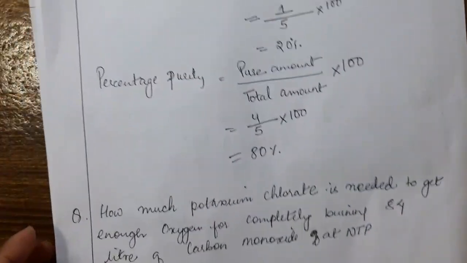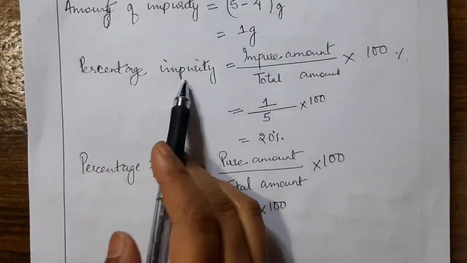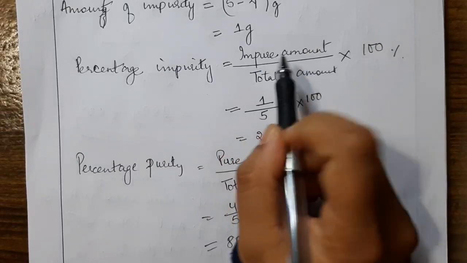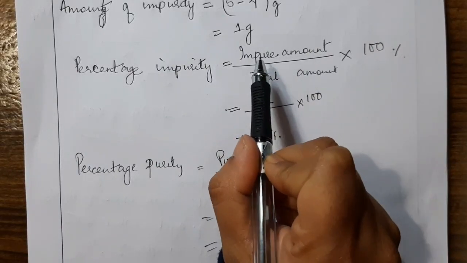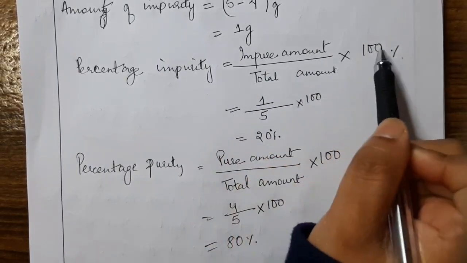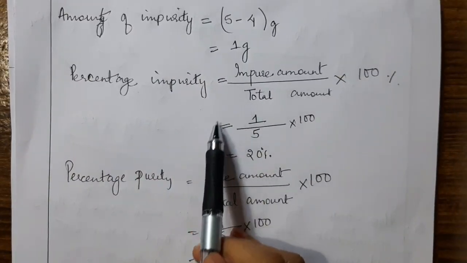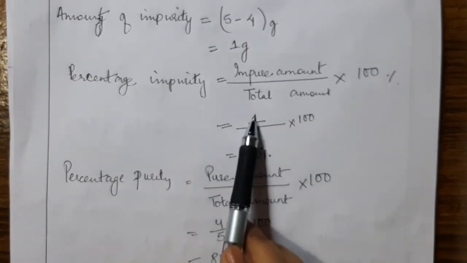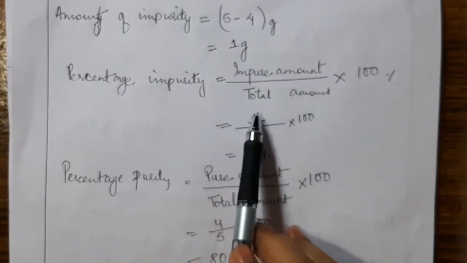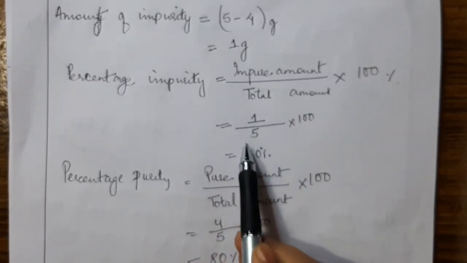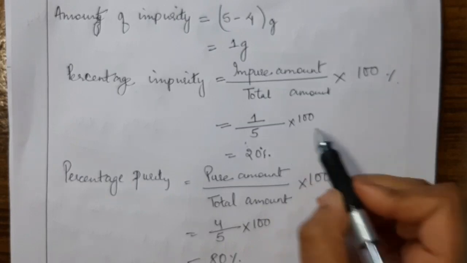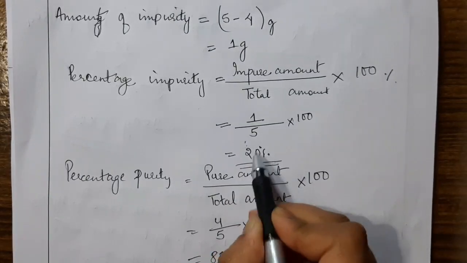The formula to find out the percentage impurity would be the impure amount divided by the total amount into 100. So the impure amount is 1, divided by the total amount, 5 grams. So 1 divided by 5 into 100 equals 20%.